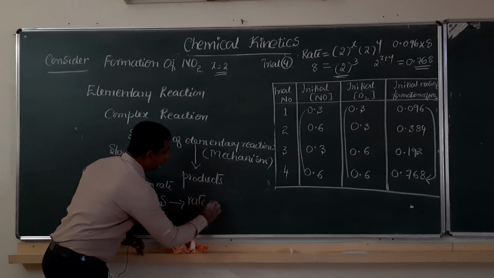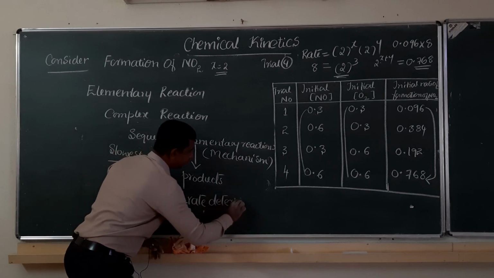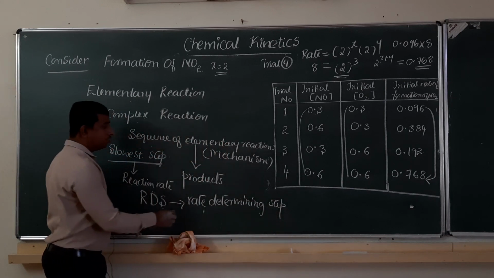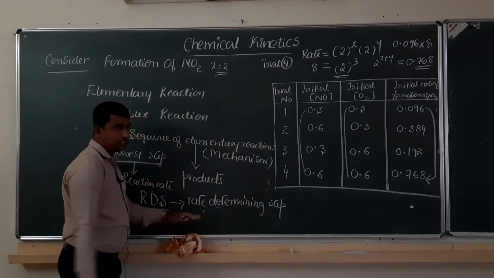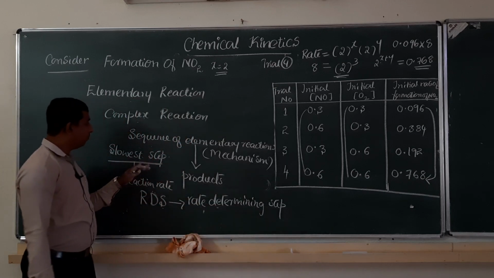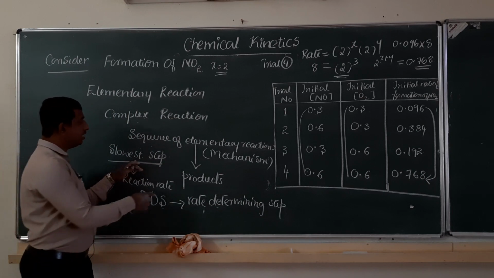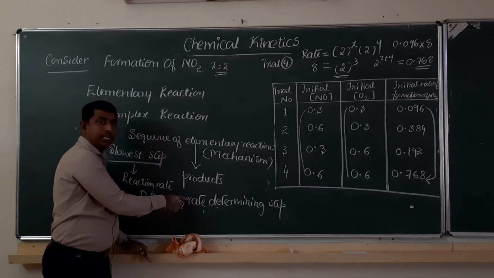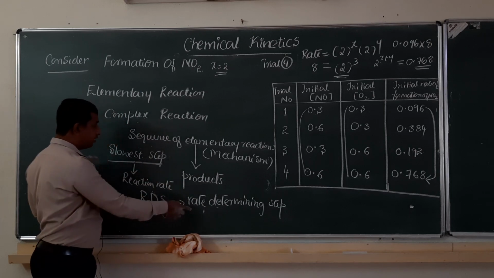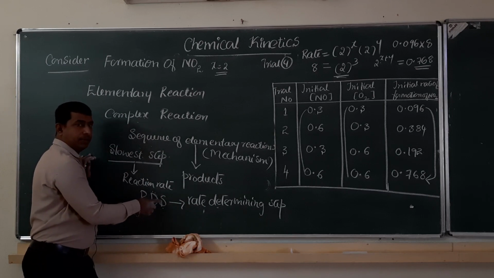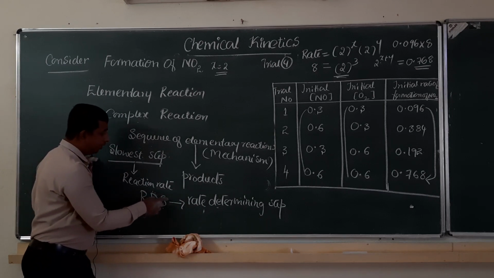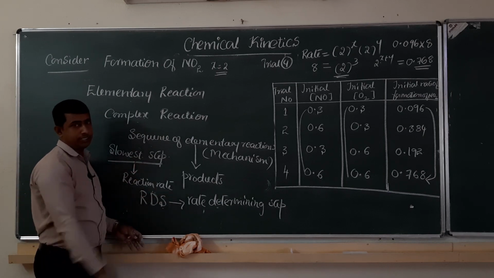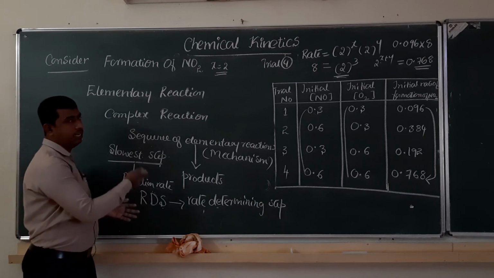RDS means rate determining step, the slowest step of the complex reaction which decides the reaction rate. So the slowest step always decides the rate of the complex reaction. To this rate determining step, or this slowest step, the rate law is written. Hope it is clear. Thank you.